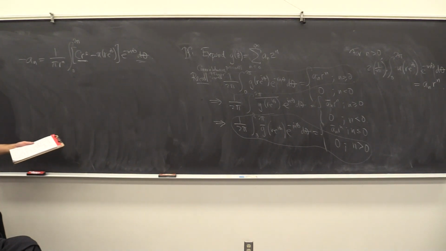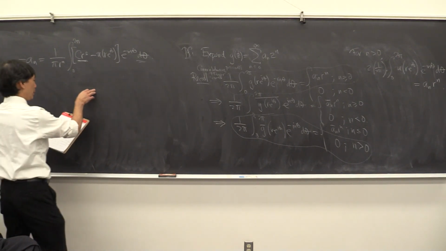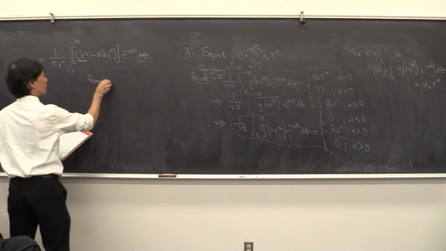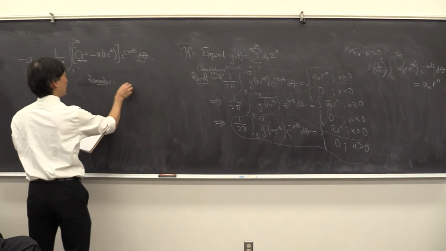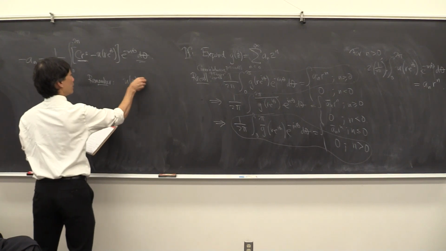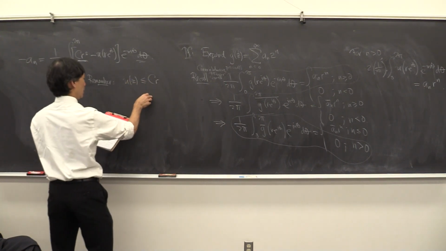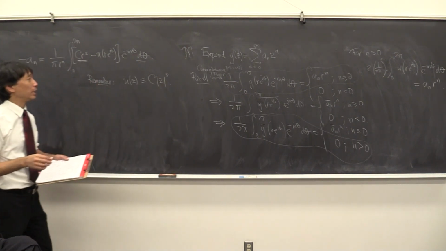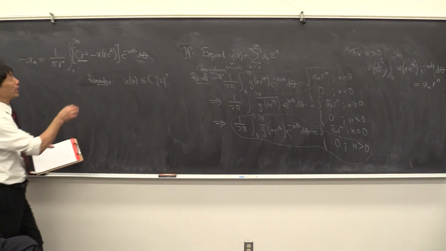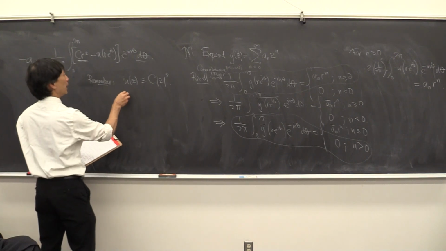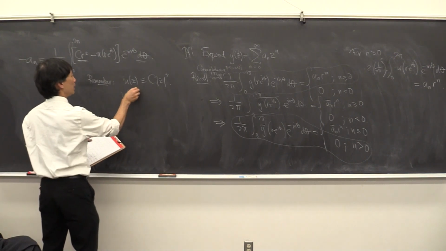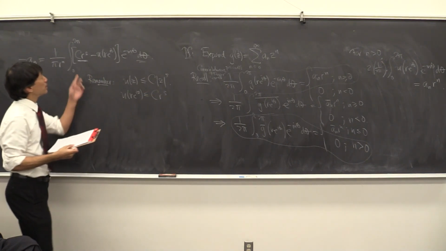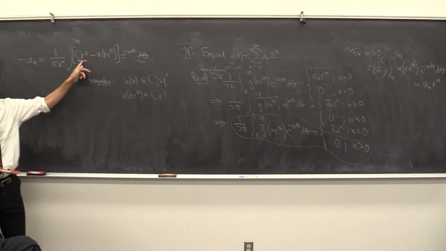Now remember, we assumed that u of z was controlled by C epsilon value of z to the s. That is, u r e to the i theta is controlled by C R^s. That's the C R^s that I'm slipping in here.